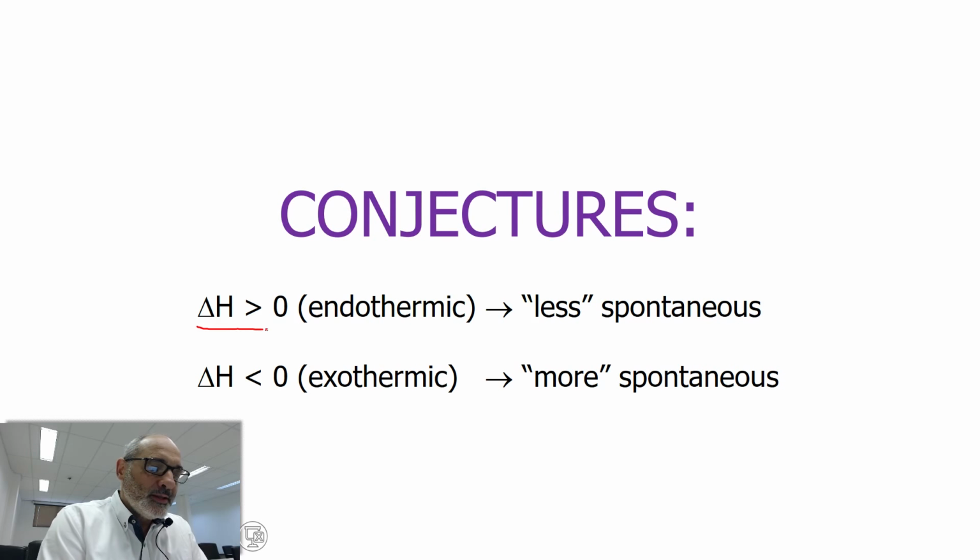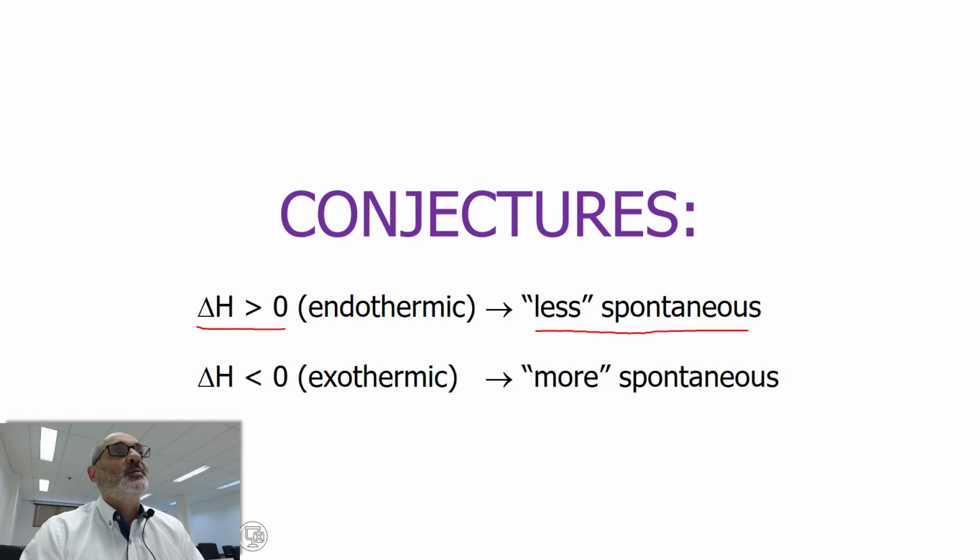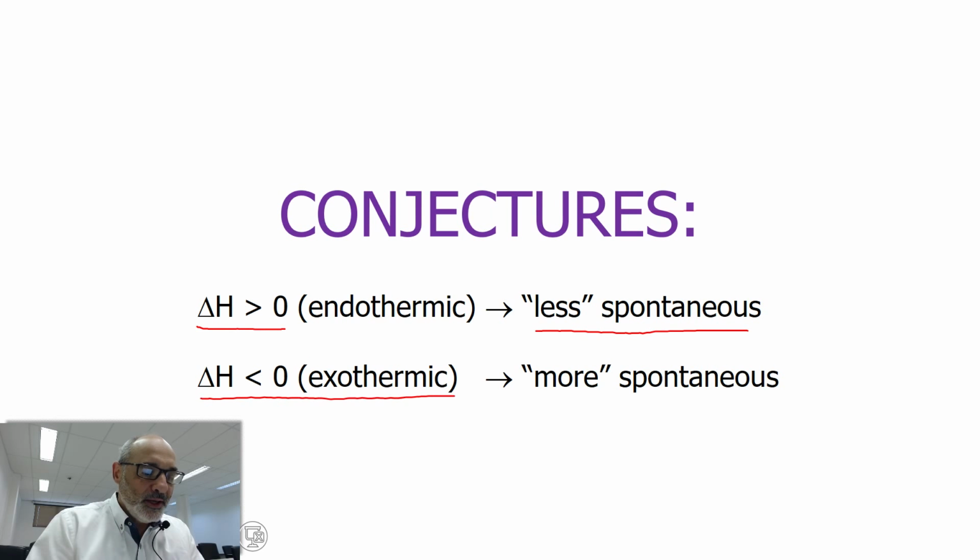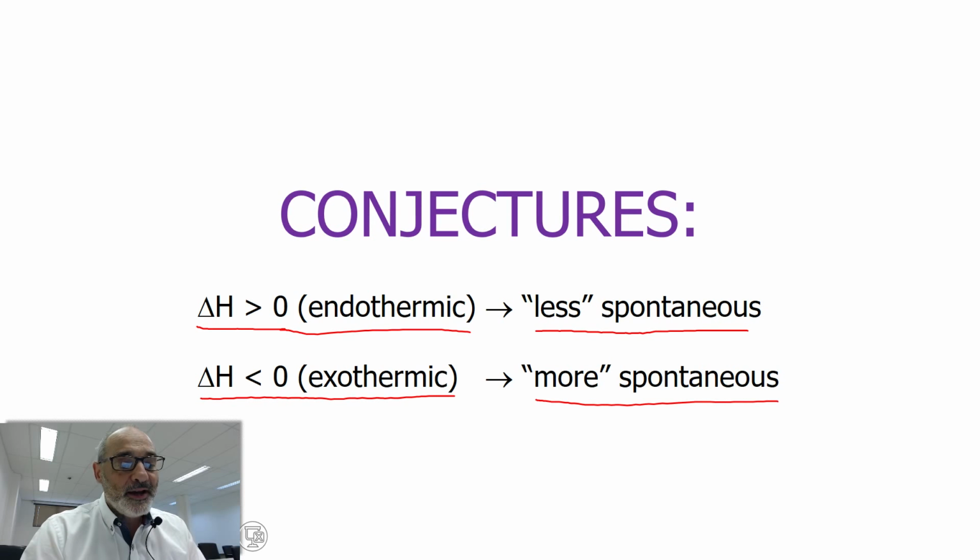When a process is endothermic, meaning it must absorb energy from an external source or from within its components, we can assume the process is less spontaneous. If the process is exothermic, meaning it releases heat, the probability of being spontaneous is higher, I would say.